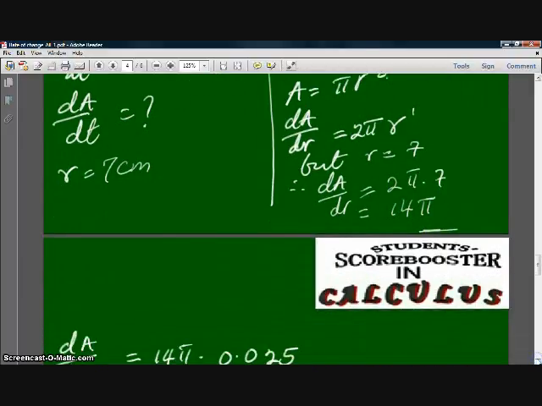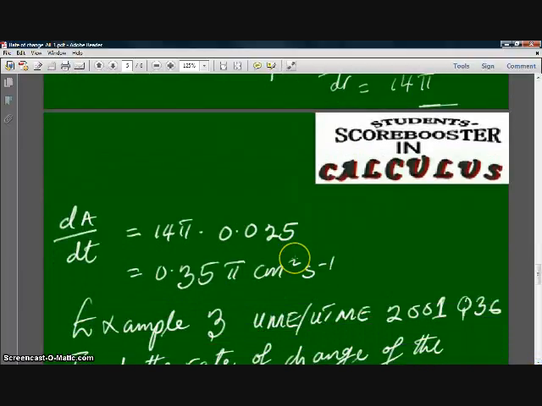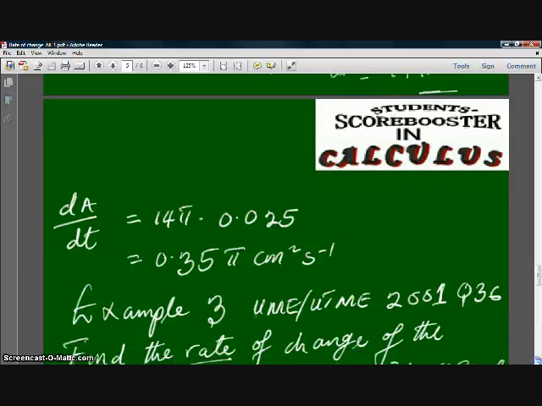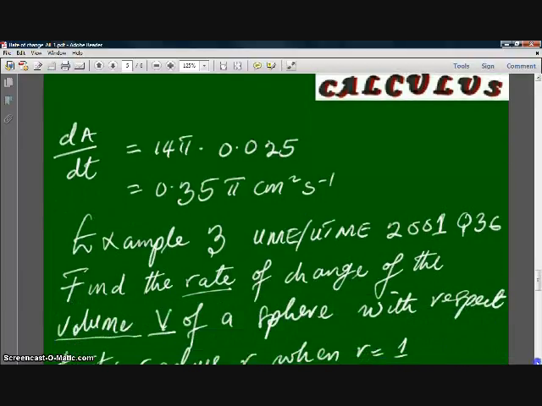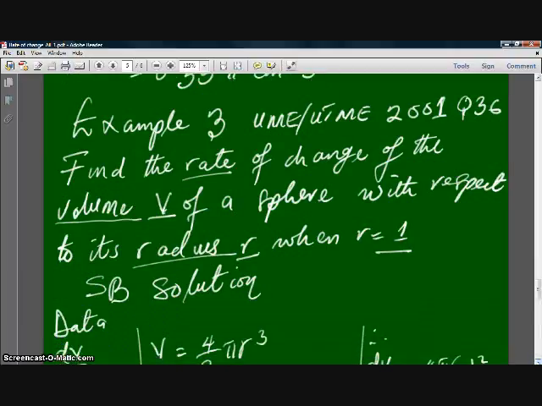Now once you get that, you can go straight ahead and substitute into the formula. We have 14π and we have 0.025, so our final answer is 0.35.